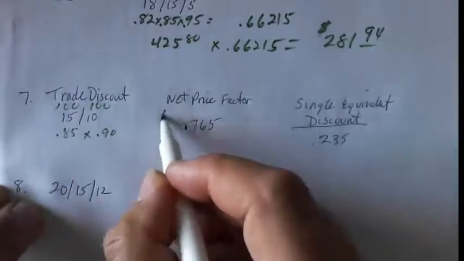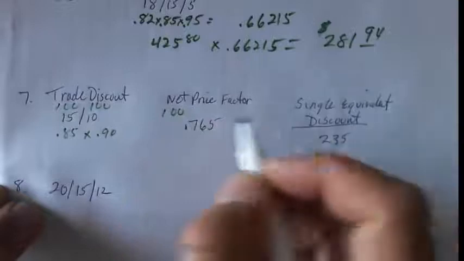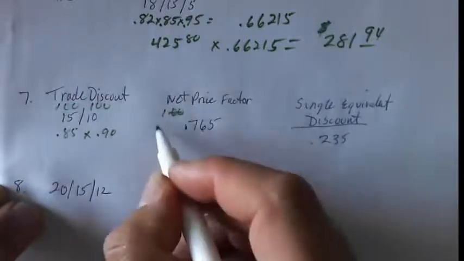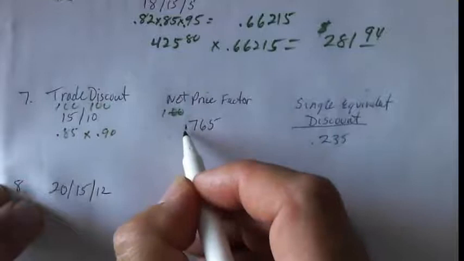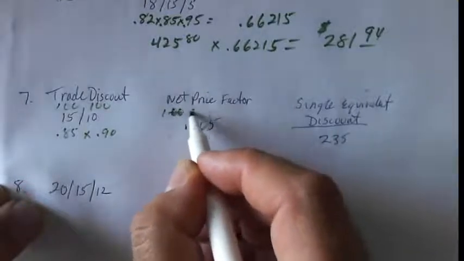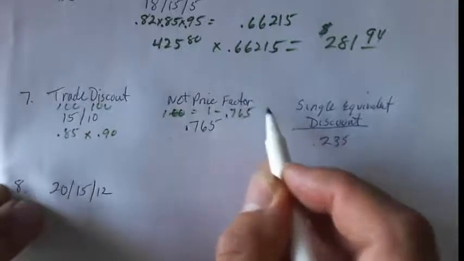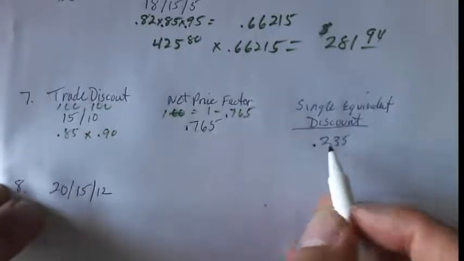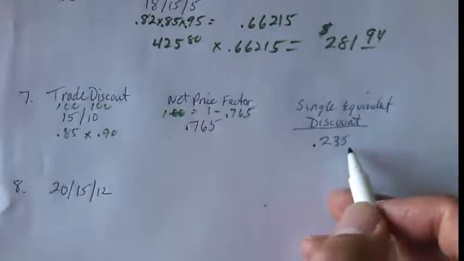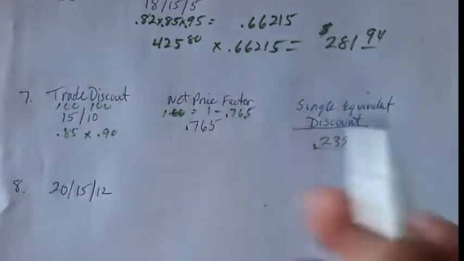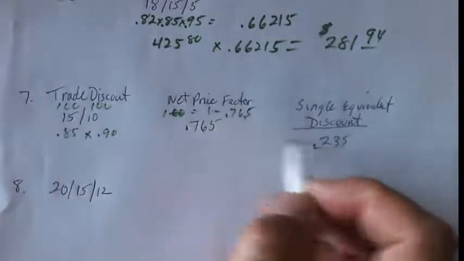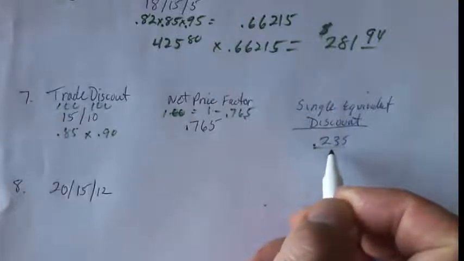Well, again, you have basically 100, or 1, and all of it is 100%, which is 1 as a number. So you're taking the 1, subtracting your 0.765, and you're going to get your single equivalent discount rate of 0.235. That's this plus this equals all of it, or 100%.